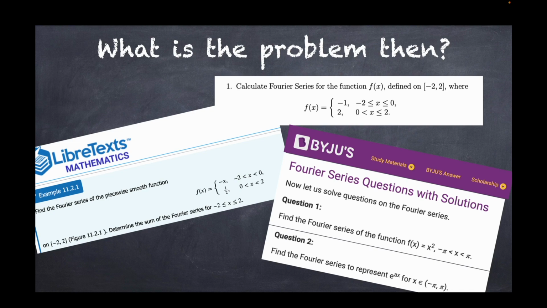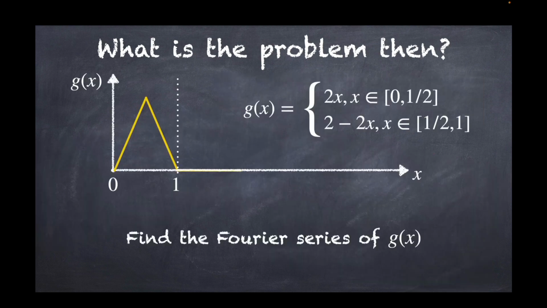And we are going to see why that's an issue. So let's take an example that everybody can calculate by hand, or at least if you try long enough. Here I take a triangle function and I give you the exact value of that function. So it's 2x for x from 0 to a half, and then 2 minus 2x for x between a half and 1.